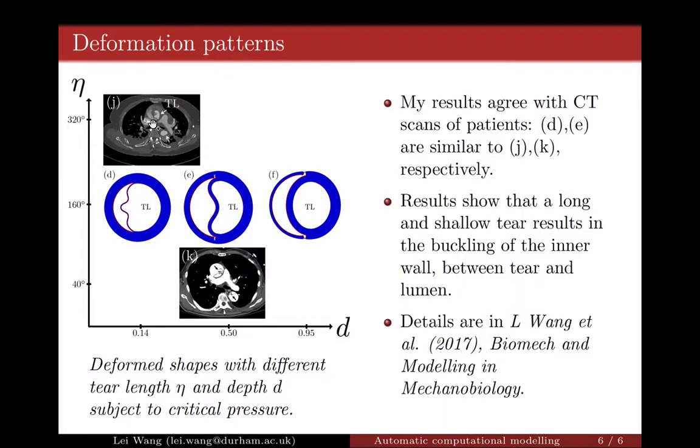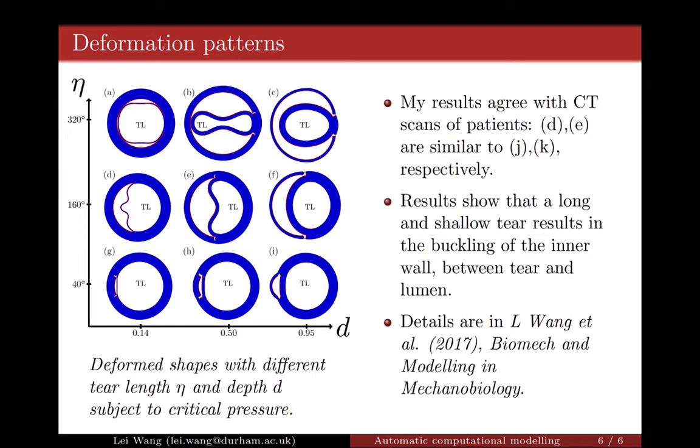If we compare the CT image with my simulation results, you can find the layer between the lumen and tear is very similar. Actually, the buckling of the layer is observed in computer modeling for the first time. And this good agreement happens for the other cases. That basically validated my computer models.